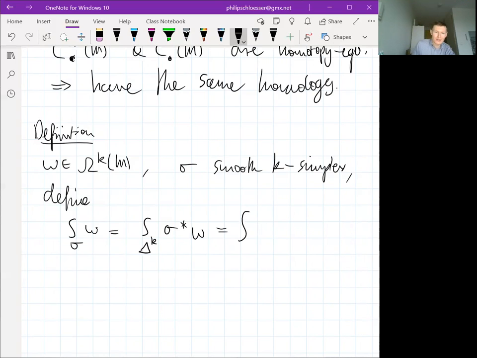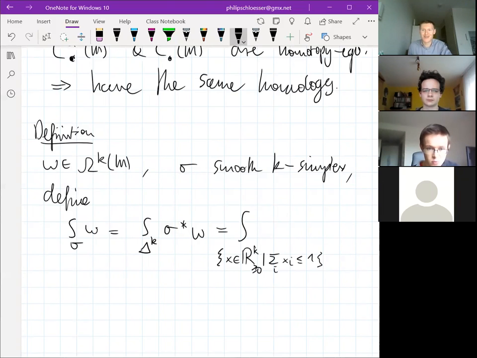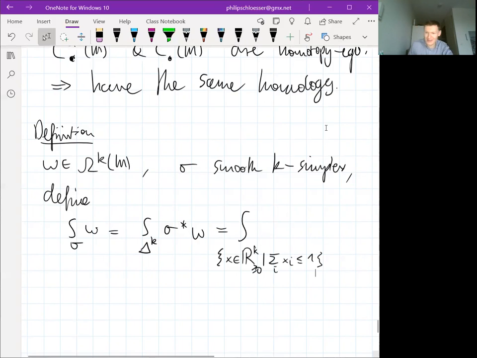I guess we can give an integral expression where we integrate. Well, since we're integrating over the hyperplane, I'm just giving an explicit mapping to R to the K, namely the set where the sum of the components is less than or equal to 1. I guess if you wanted to, this is the other definition of a simplex, but never mind.